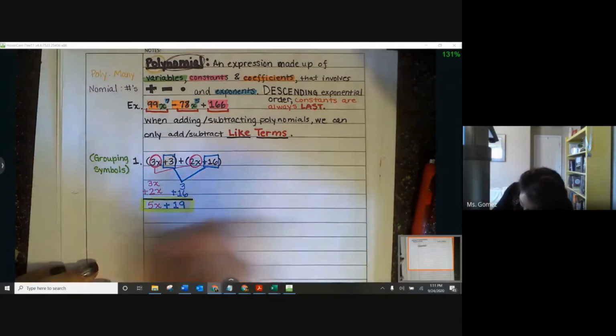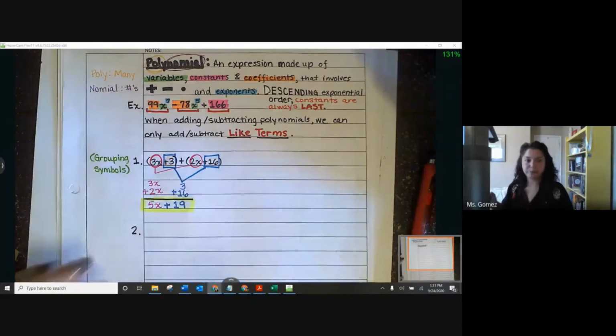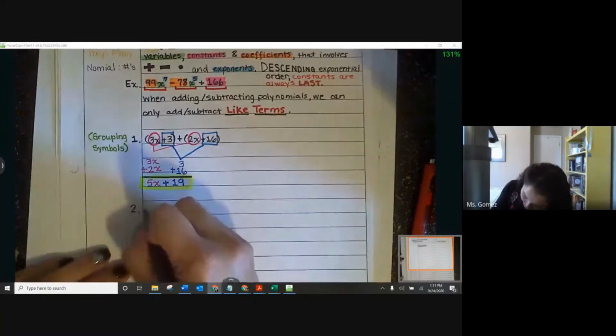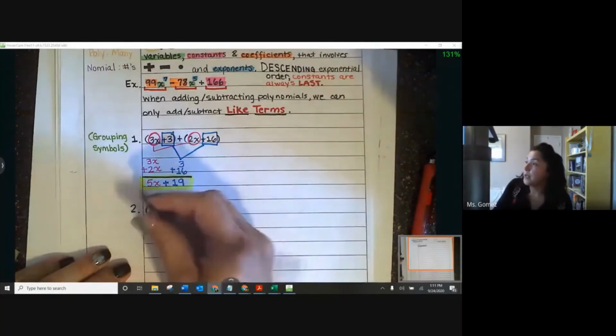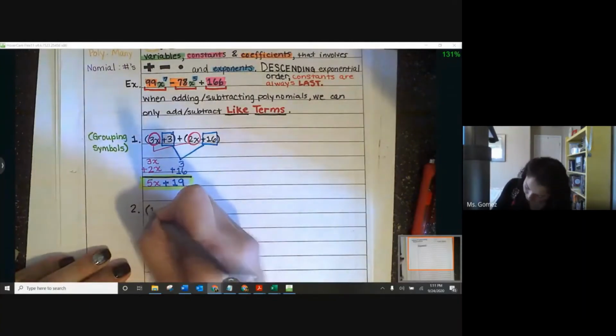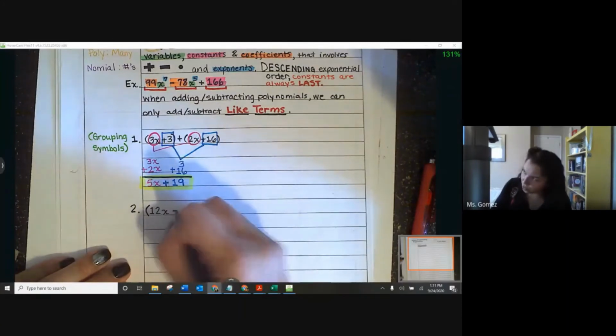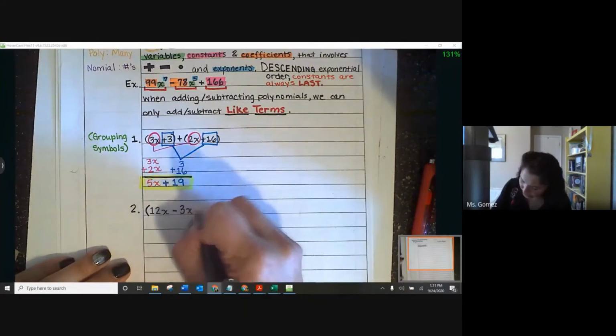So let's go ahead and write. I'm going to skip a space and put number 2, so I'll have more space on the back anyway. Number 2, again, has a grouping symbol, and it says 12x minus 3xy.